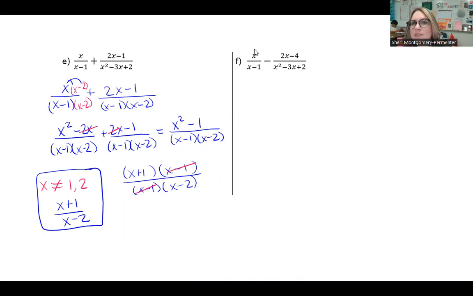The next problem. This is the last one that we're going to do together, and then I want you guys to get started on the assignment. This one is almost the same. Look at them. They're almost the same. So first thing we're going to have to do is factor that denominator of the second one.